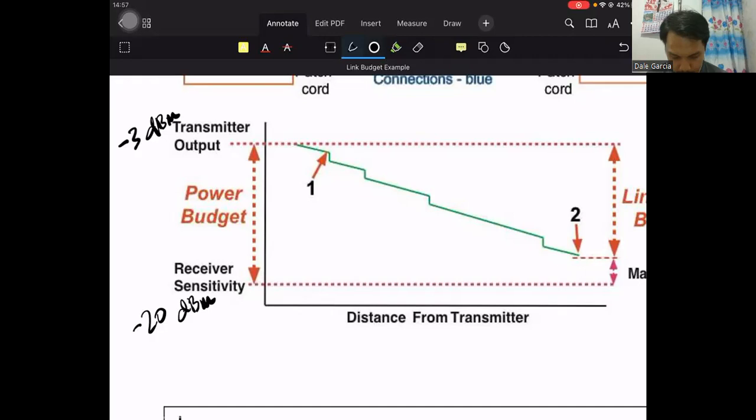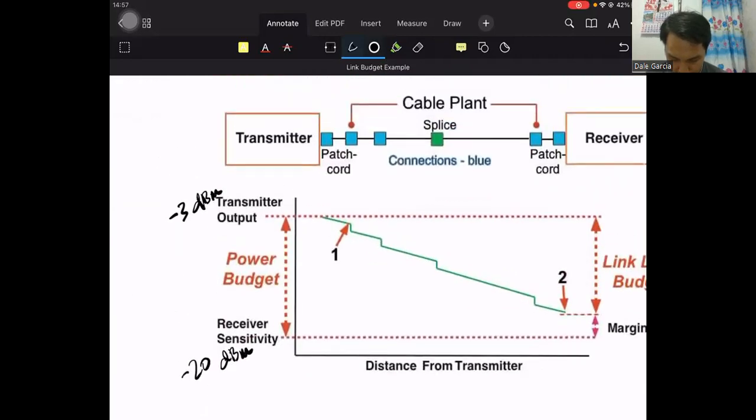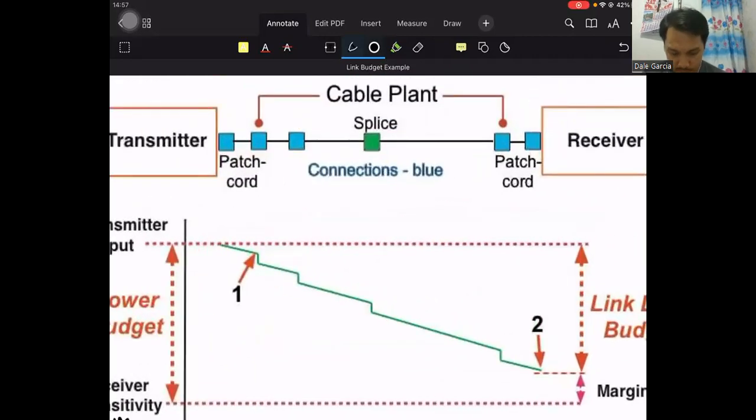So those are examples. And for each splice and connector, the loss is 0.2 dB.